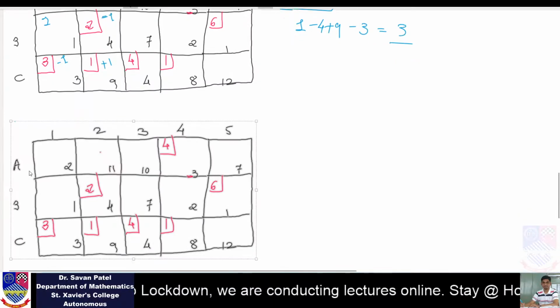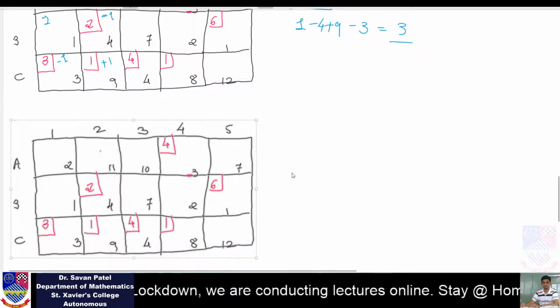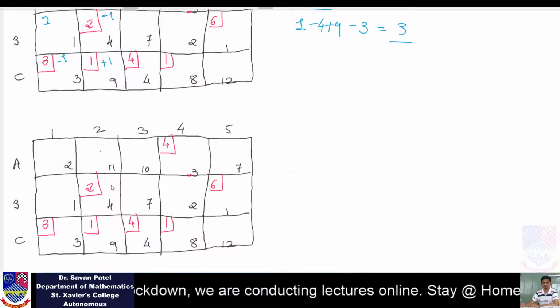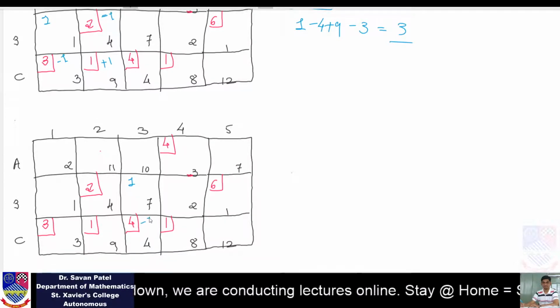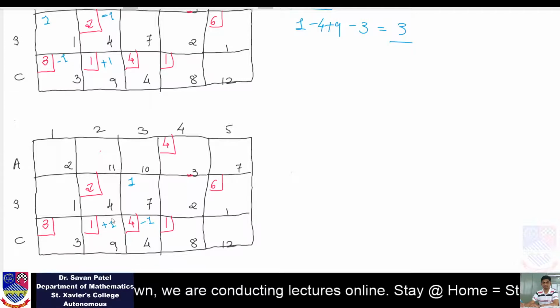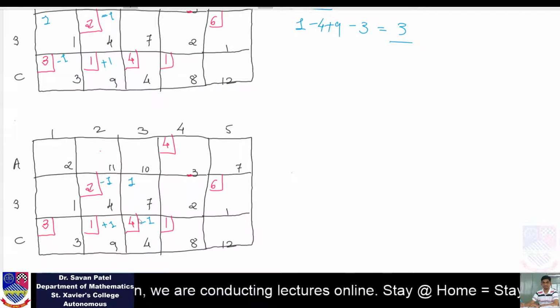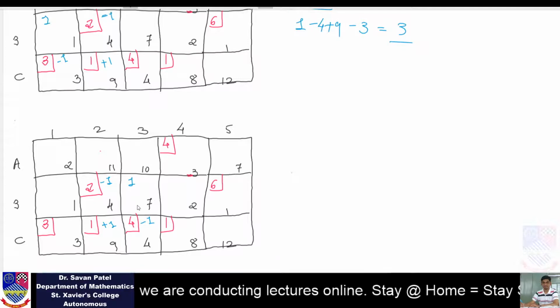Do the similar for B to 3. If I am transporting 1 unit from here, I have to subtract 1 unit here, add 1 unit here, and subtract 1 unit here to balance the situation.